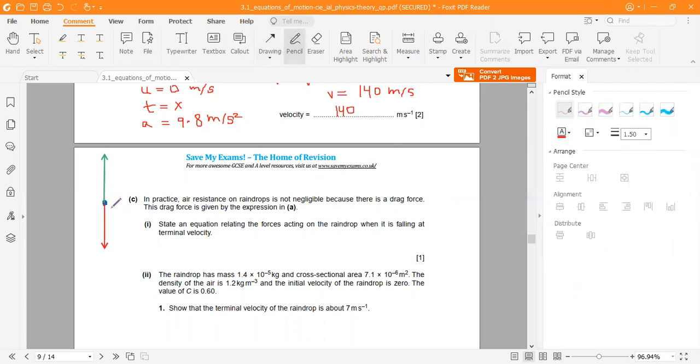So let's find the magnitude of this. I know that gravity is downward, so this is equal to mg because this is the weight. F is equal to ma and a is equal to g in this case. This is the weight of the raindrop that is pulling it down.